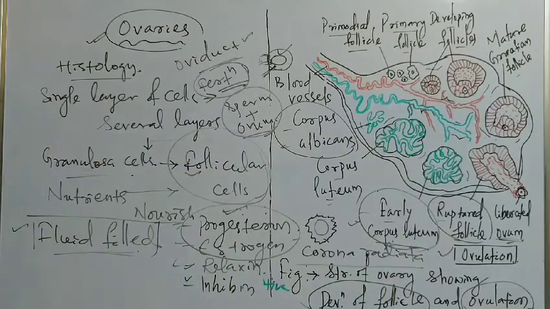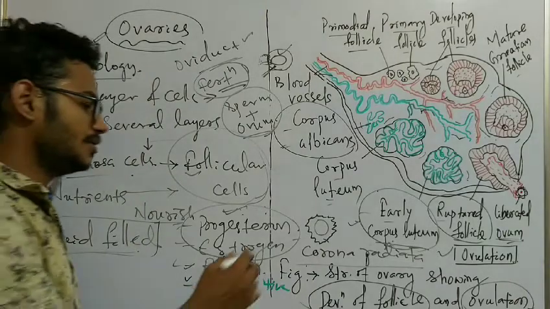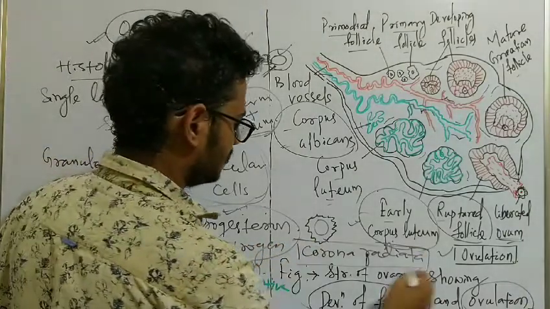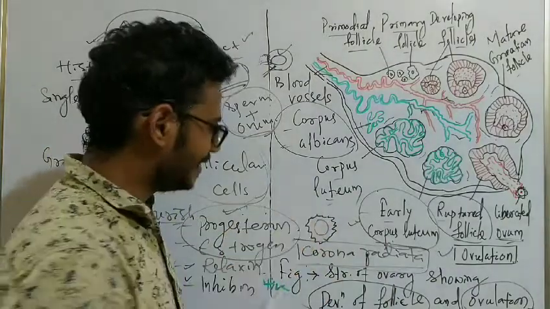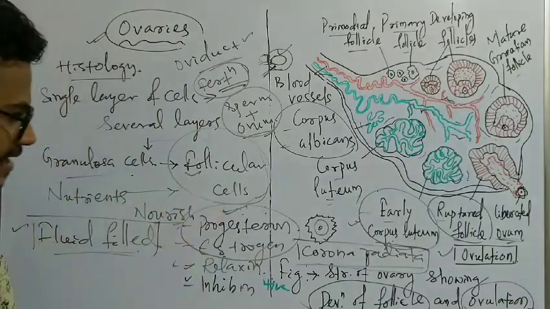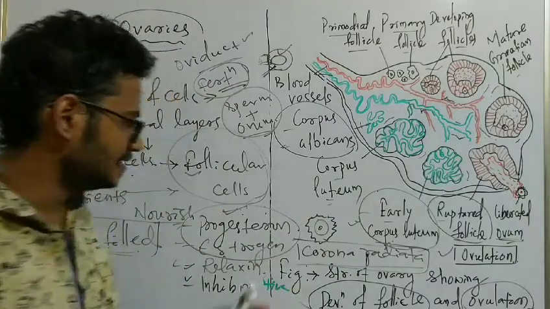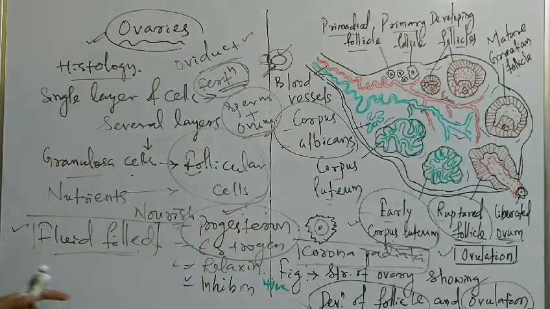Okay, so there are different layers like the corona radiata, zona pellucida. We will discuss in detail the different extracellular structures or layers present around the ovum in the next class, where we will also go into the other parts of the female reproductive system.